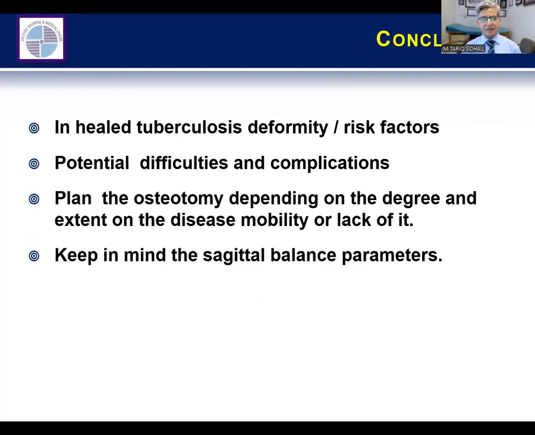So in conclusion, in spinal tuberculosis, when deformity is there, the risk factors have to be evaluated. There may be potential difficulties and complications, and one should plan the osteotomy depending on the degree and extent of the disease, and also the mobility or lack of mobility. One should keep in mind that sagittal balance has to be corrected.